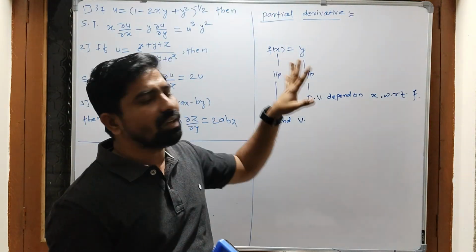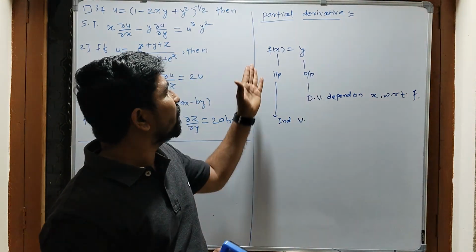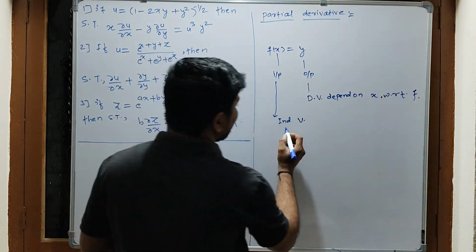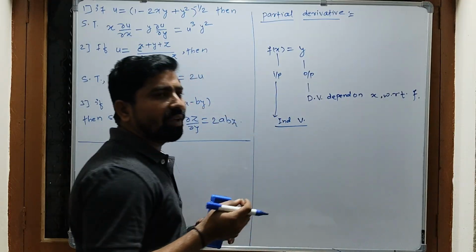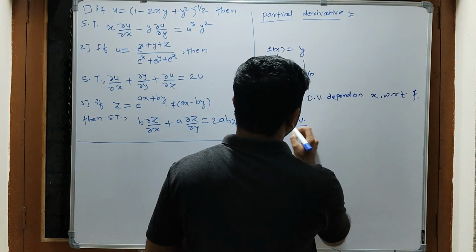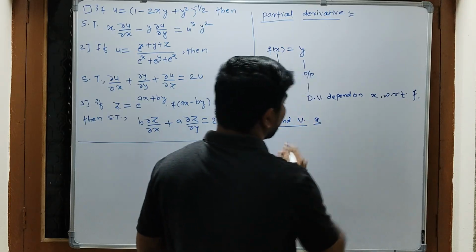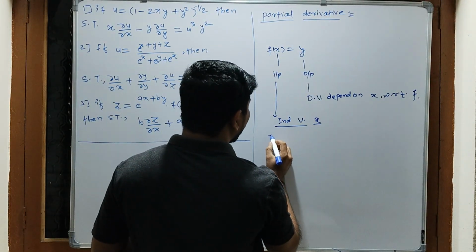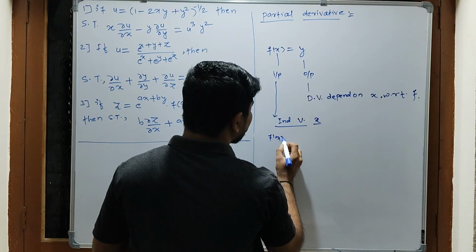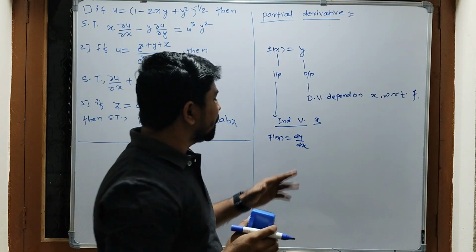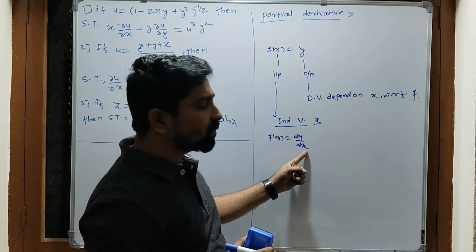So this is my function in a single variable, f of x equal to y. This function depends on the single independent variable x. Now f dash of x equals dy by dx. This says the rate of change in y with respect to x.